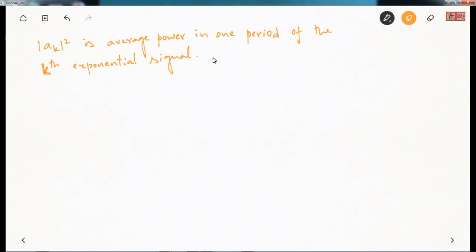So this says that the average power per one period in the actual signal x of t is equivalent to the sum of the powers in its complex exponentials. So that's what it says.